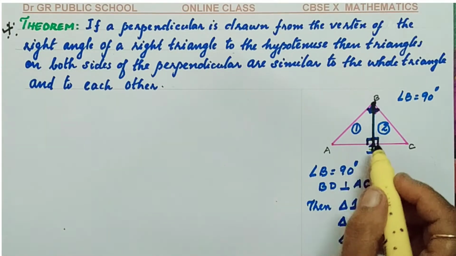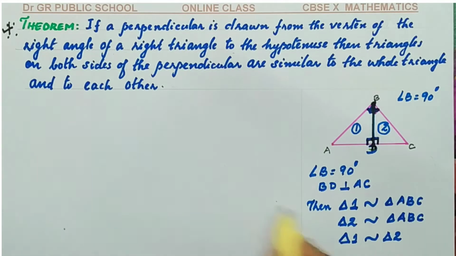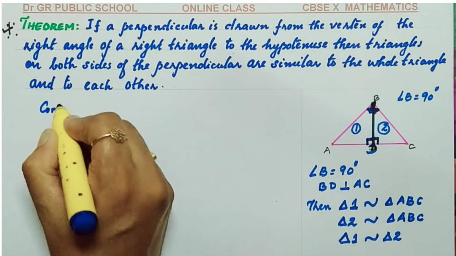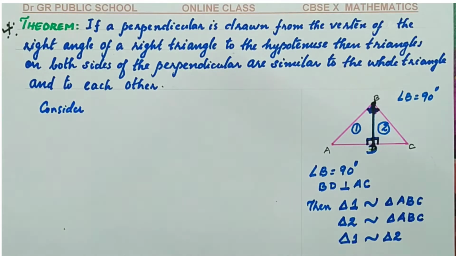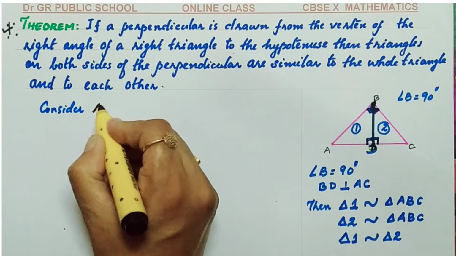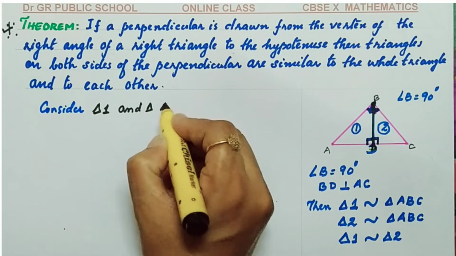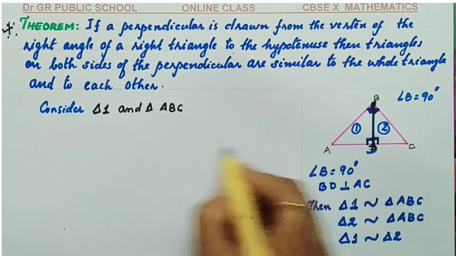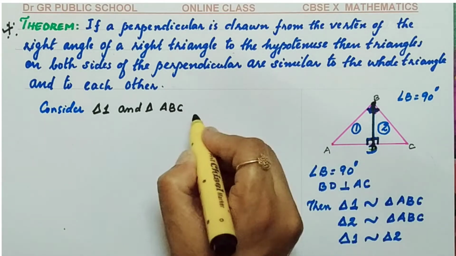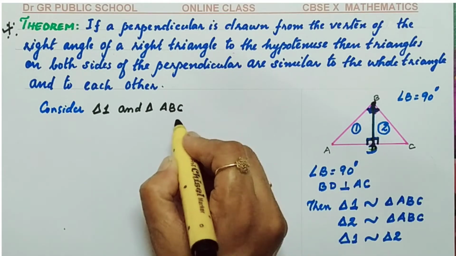At first I am going to consider the triangles separately. First, consider the two triangles. Consider the triangle 1 and the whole triangle ABC. I am going to draw the triangle 1 here. You can see the triangle 1 like this.